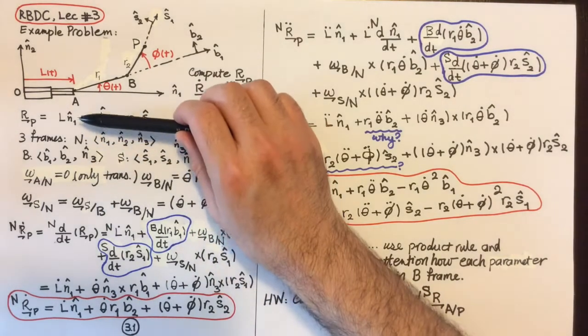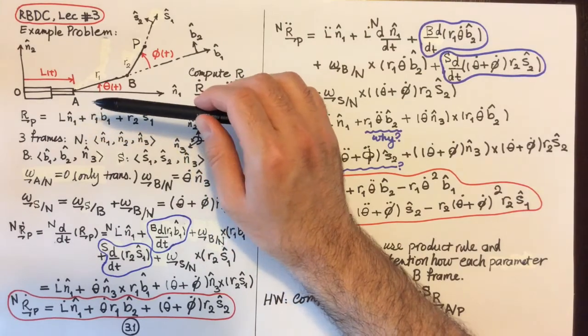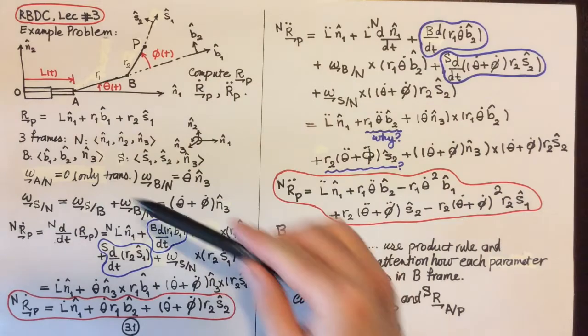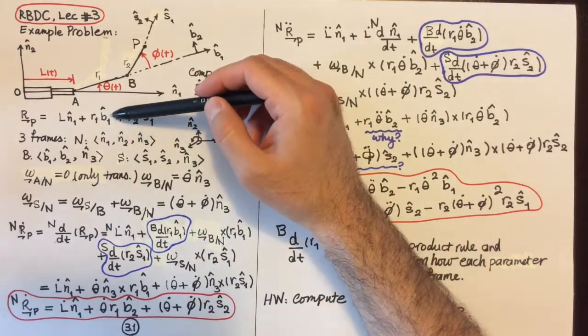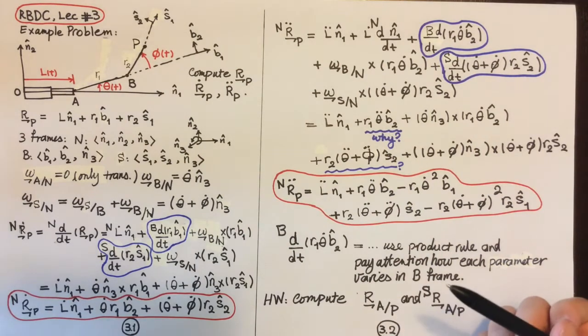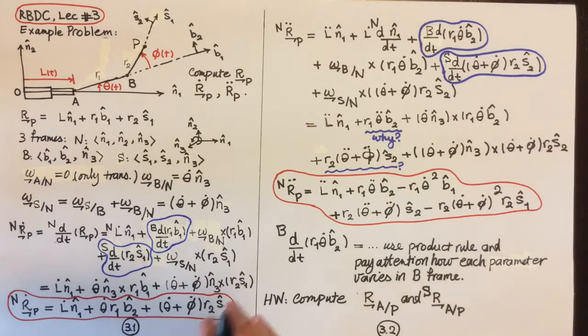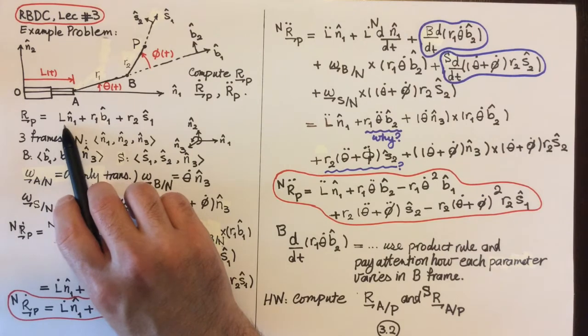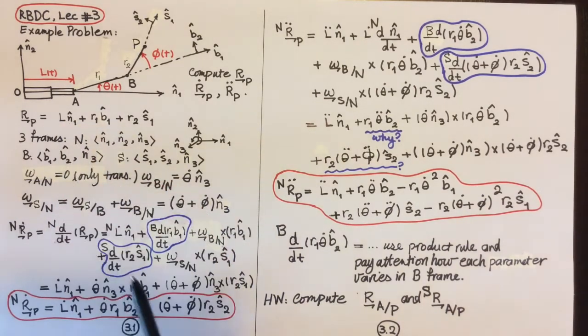Differentiating this position vector, I differentiate term 1, term 2, term 3, and for the second and third terms I'm again going to use the product rule. Differentiate one term and multiply by the other one, then differentiate the second term and multiply by the first one.